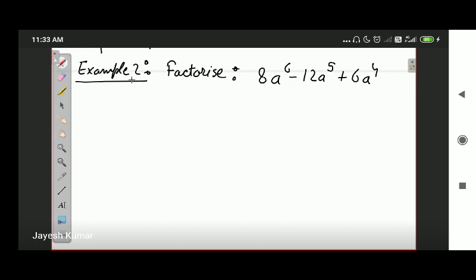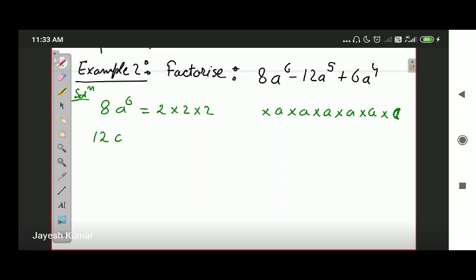Okay, so let us first of all reduce them into their prime factor form. So the solution will be: 8a to the power 6 will be written as 8 is 2 into 2 into 2. After that we will have a 6 times, 1, 2, 3, 4, 5 and 6. After this we have 12a to the power 5.